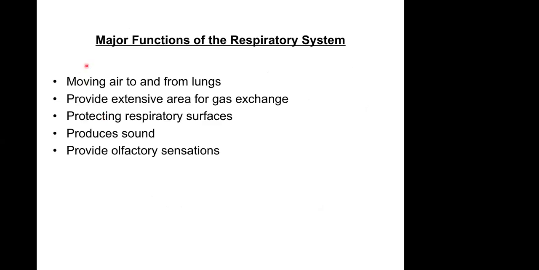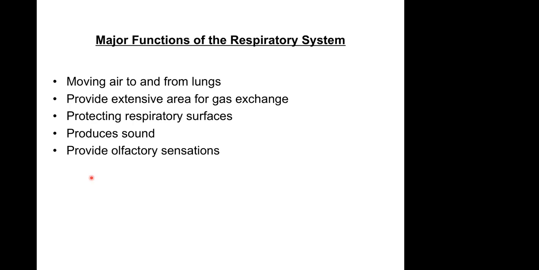So what is the main function of the respiratory system? The obvious function number one is moving air from the environment to the lung and taking it back to the environment with the waste product. Second, providing extensive surface area so that gas exchange can take place at the alveolus level. Third, protecting the respiratory surface, although arguably that could be a function of the defense system, like the lymphatic or immune system.